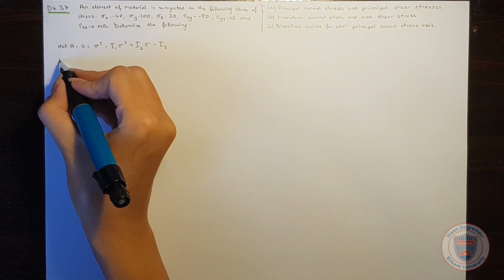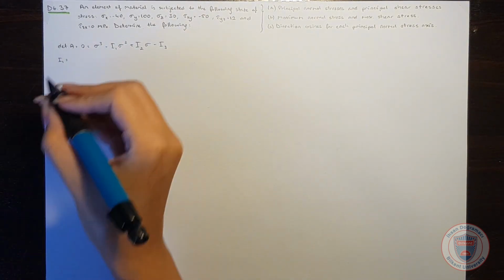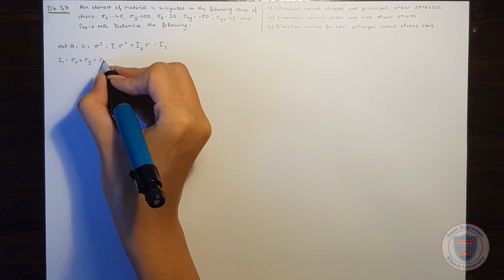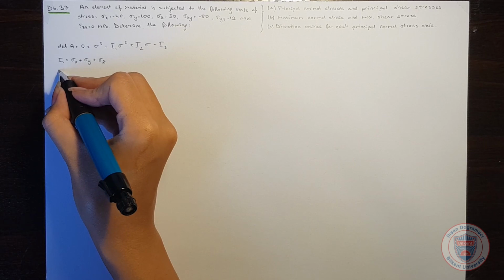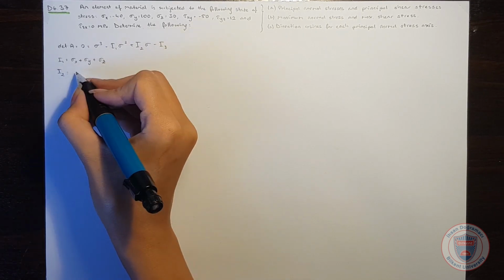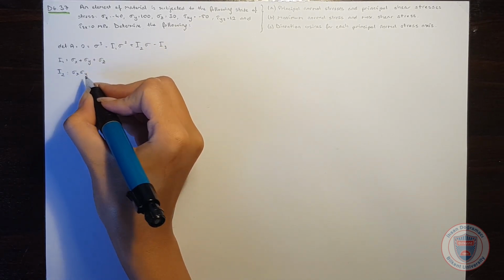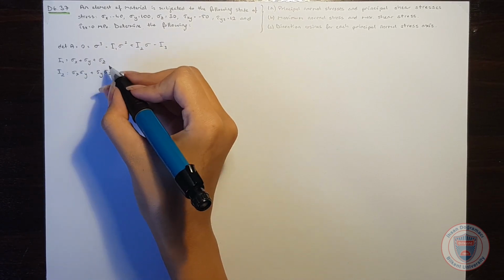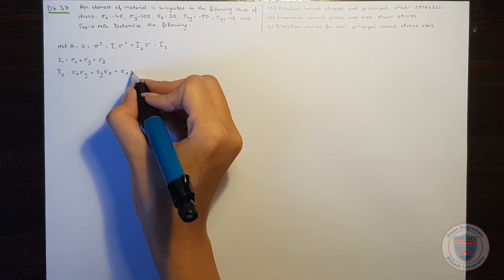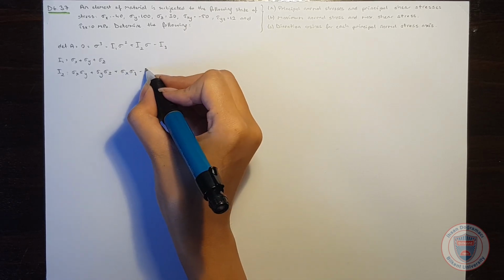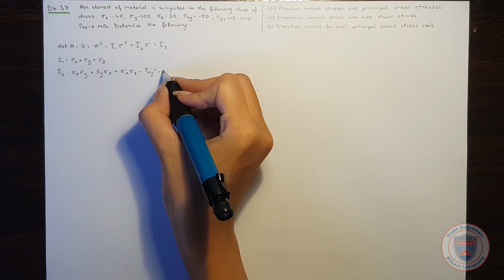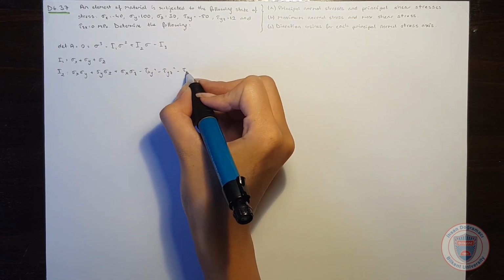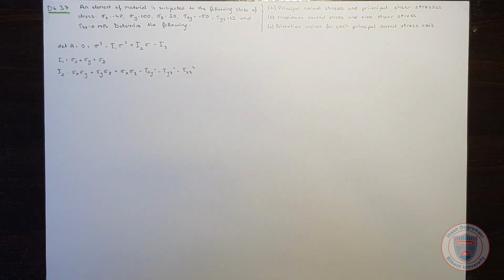We know that I1 is equal to sigma x plus sigma y plus sigma z. I2 is equal to sigma x times sigma y plus sigma y times sigma z plus sigma x times sigma z minus tau xy square minus tau yz square minus tau xz square.